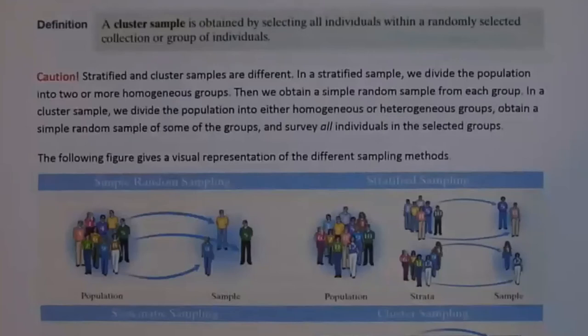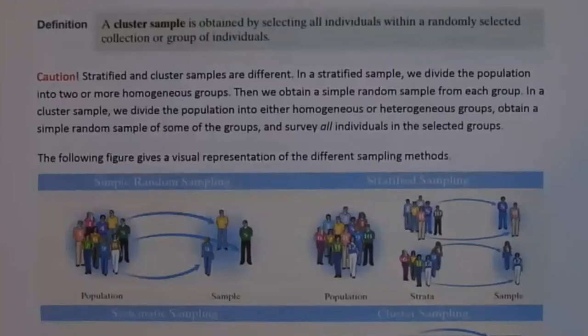So with stratified sampling, if you'll remember, we divided the population into subgroups based on some common characteristics, some similarity. Those groups had to be homogeneous, similar, like Democrats, Republicans, Independents, or like full-time employed, part-time employed, salaried employed, managers. So the individuals are similar in some way.